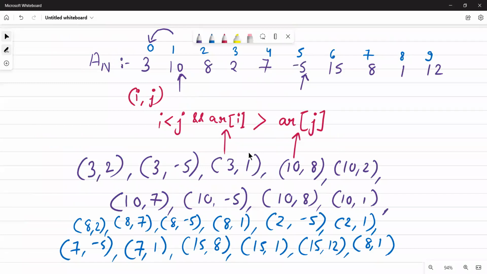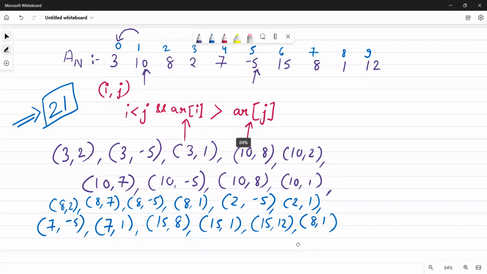So we have our number of pairs as 21, which follows the given property, and we should return this answer as our final answer. Clear? That is, this question is asking how many pairs are possible which qualify these two properties. So in this particular question, the number is 21. Clear to all?